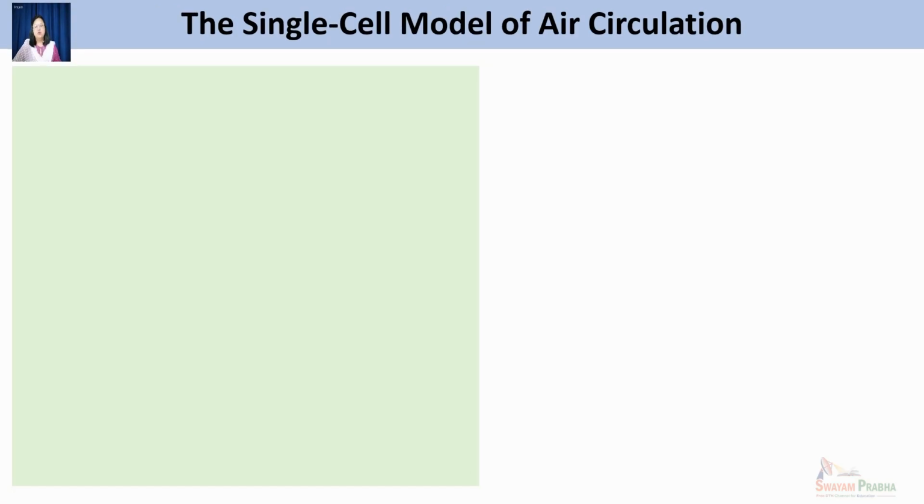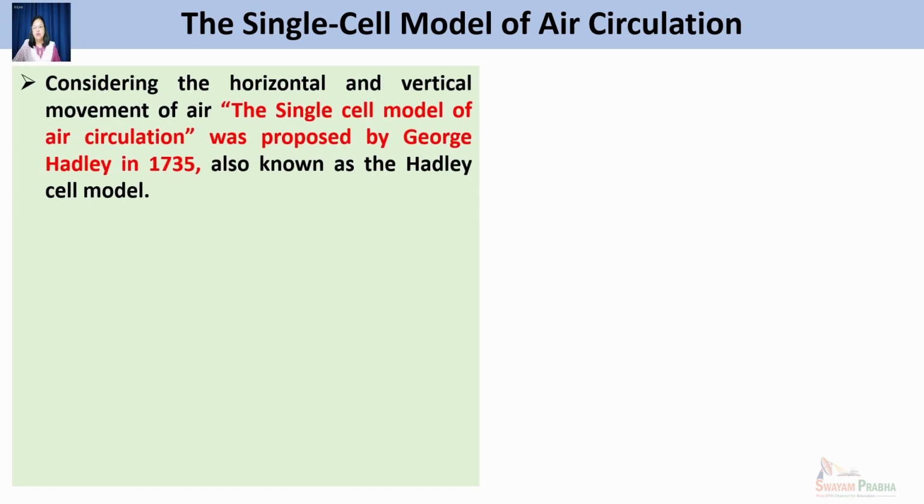One of the earliest models which were developed under the modern concept of air circulation was the single cell model. So considering the horizontal and vertical movement of air, the single cell model of air circulation was proposed by George Hadley in 1735, which is also sometimes known as the Hadley cell model.